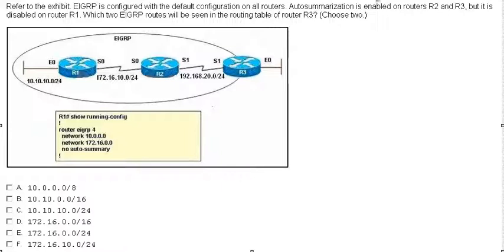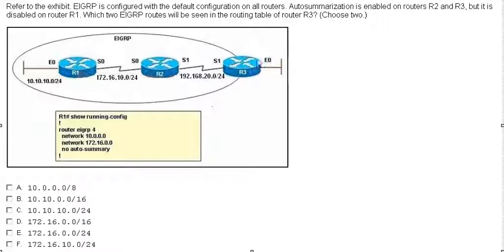So basically, we are going to set up this EIGRP network with these networks: 10.10.10.0/24, 172.16.10.0/24, 192.168.20.0/24.